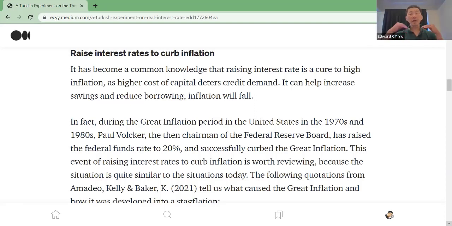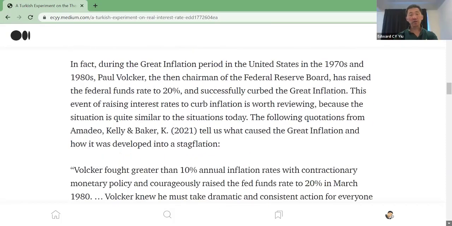So we really have such experience which confirms the theory of interest, that an interest rate increase can help to curb inflation. Here I directly quote Emanuel Baker's 2021 paragraph to show what had happened during the great inflation period and how it developed into stagflation.